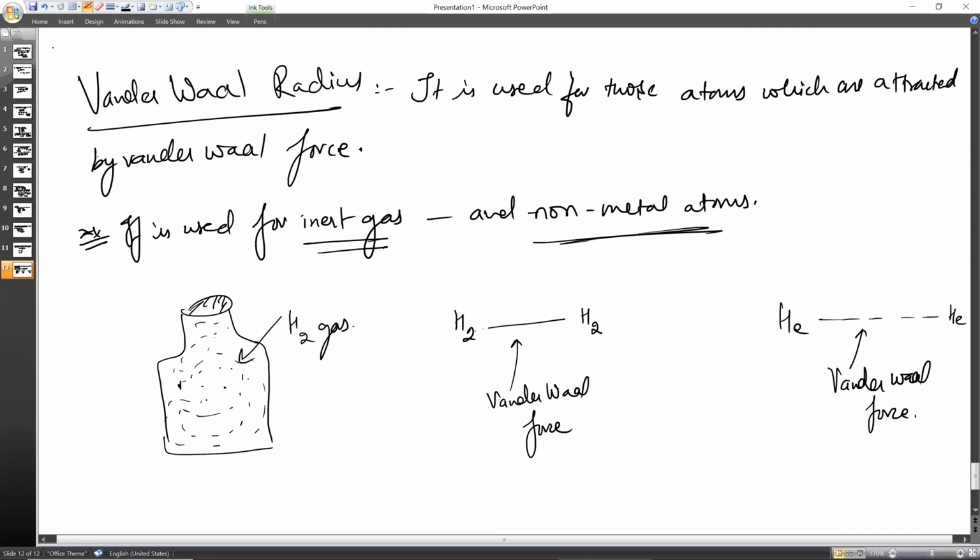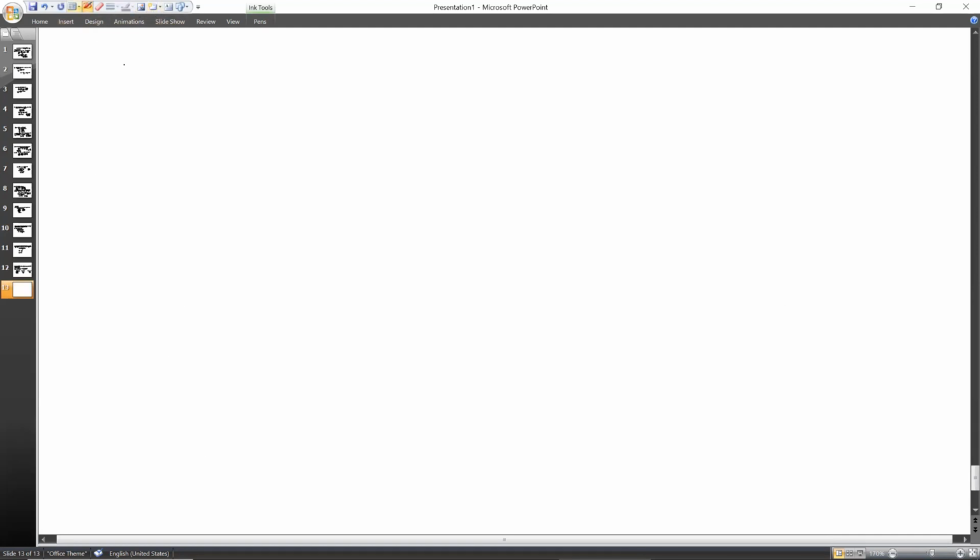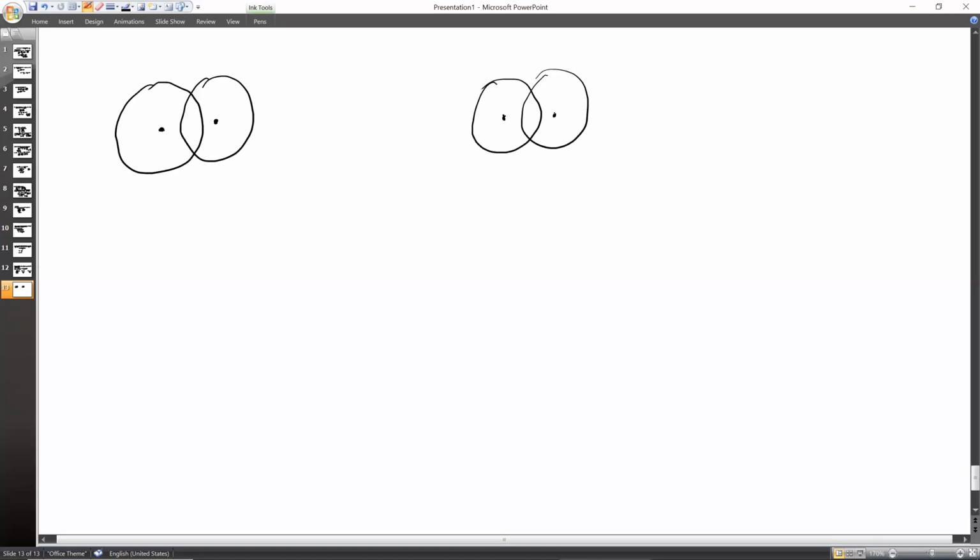What is van der Waals radius? If we have two H2 molecules, one H2 is there, another H2 is there. This is the H2 molecule because there is a covalent bond between the two H atoms in an H2 molecule, and this is another one.